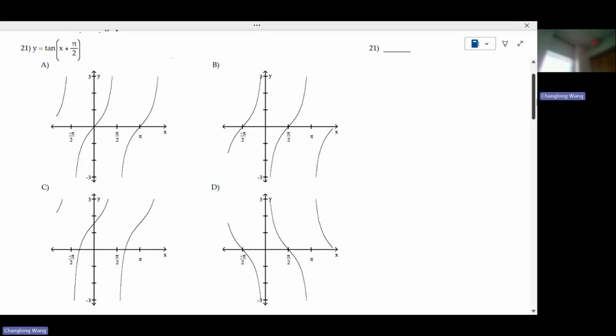You're going to be shifting this graph to the left by pi over 2. Should it be, wait, what did you say? B or D? Oh, sorry. Yeah, I thought for some reason I heard D. You're right. So it is letter B, right? You guys all see it? Sorry, for some reason I heard letter D. It's as simple as just a simple shift. Do you see that?